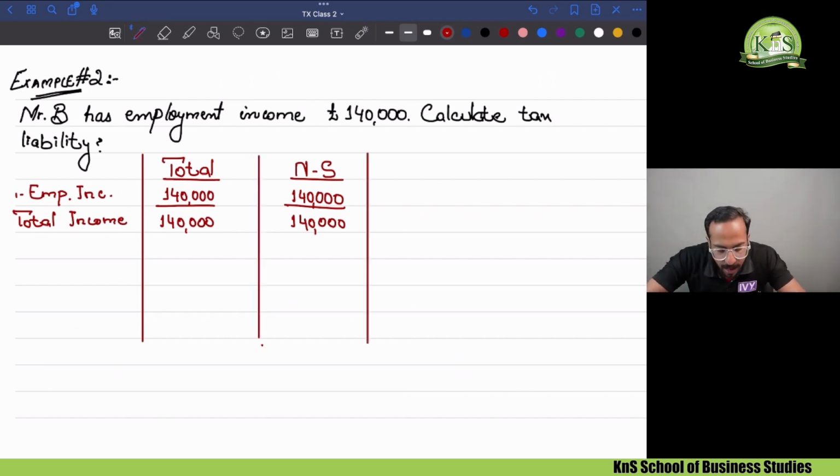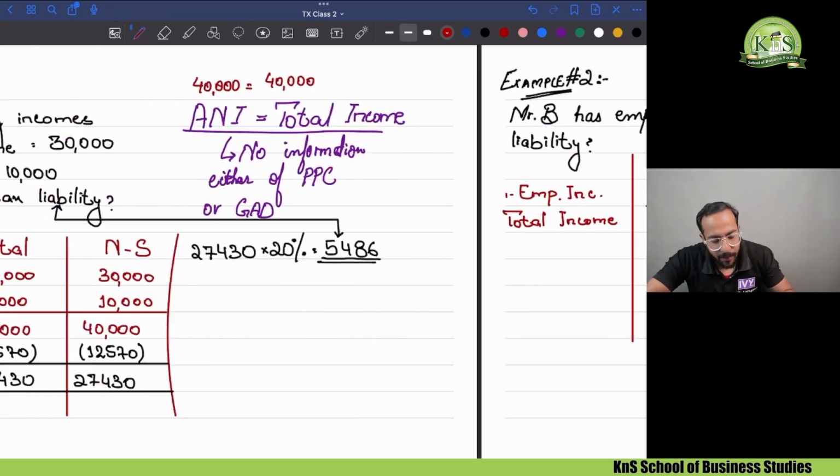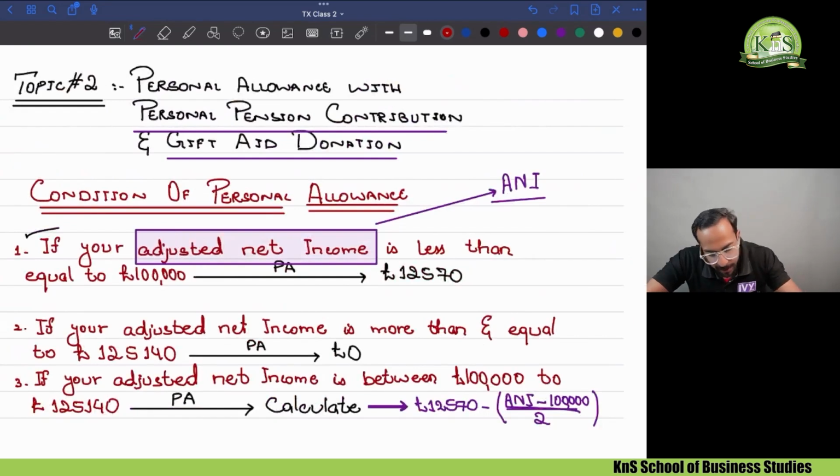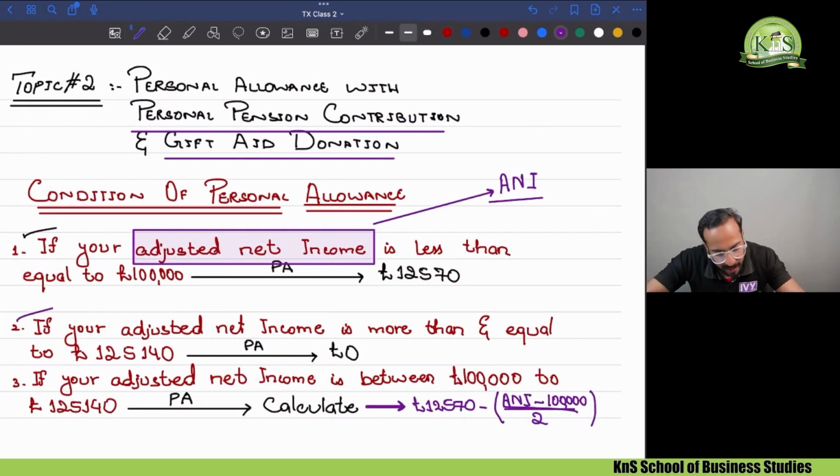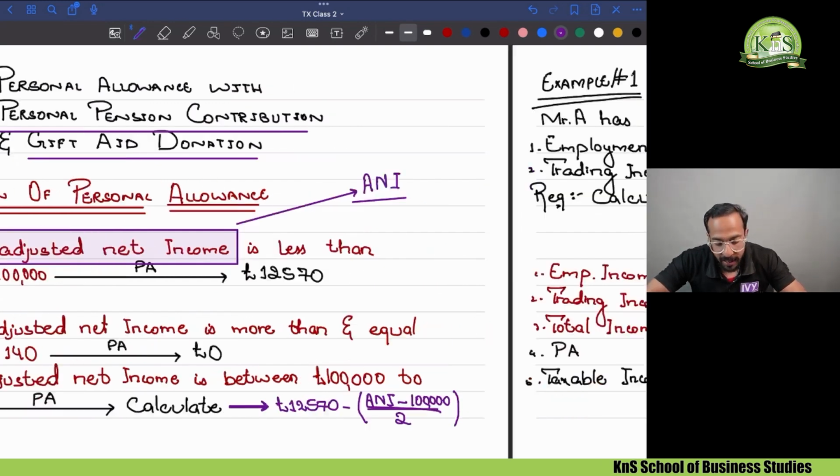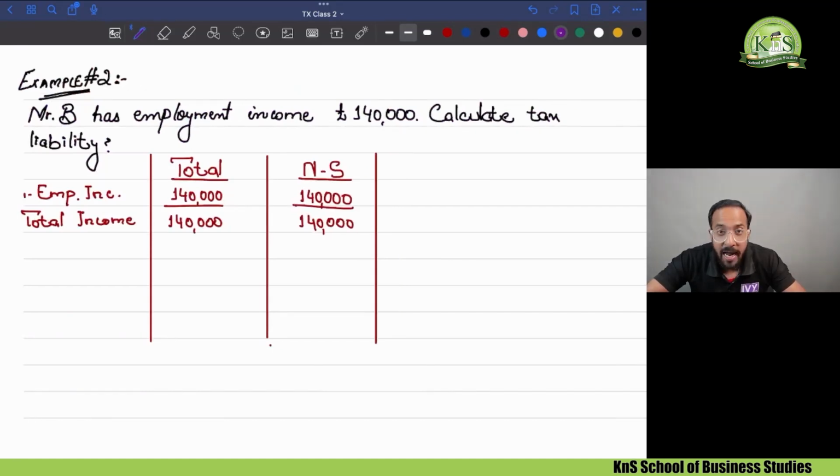Okay. Now, condition number 2. If your adjusted net income is more than or equal to 1,25,140, here my ANI is 1,40,000. It means it is more than 1,25,140.